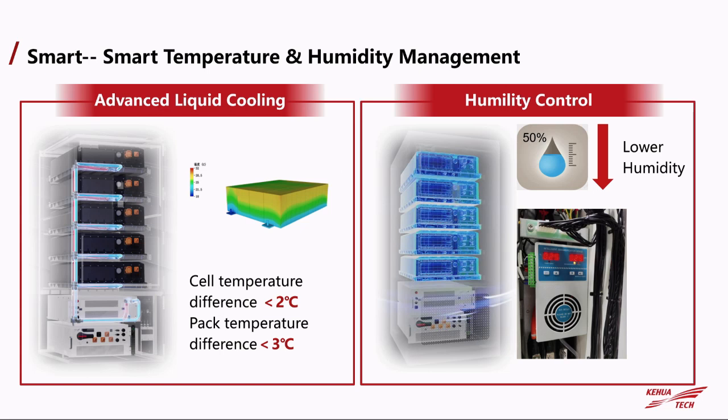Because it's a liquid cooling system, compared with a traditional air cooling system, we can reach a cell temperature difference of less than 2 centigrade in each battery pack. And between pack and pack, the temperature difference is less than 3 centigrade. So in the long run, it can extend the battery life.